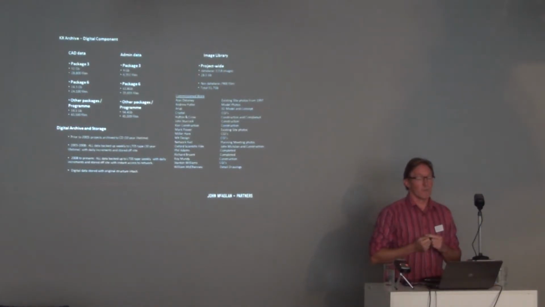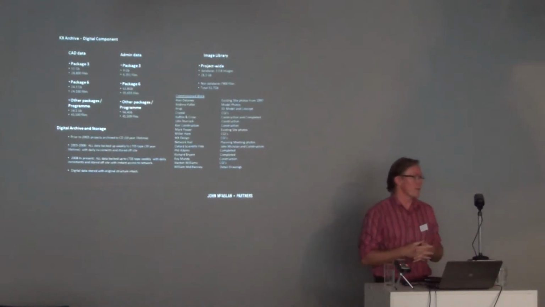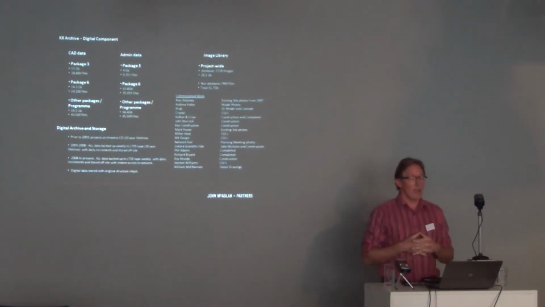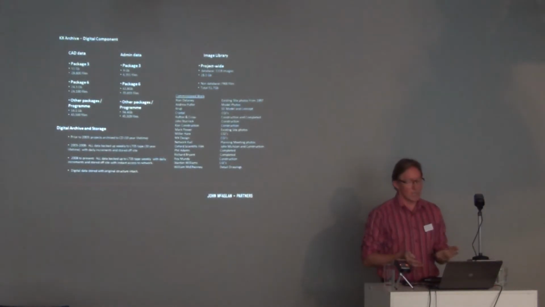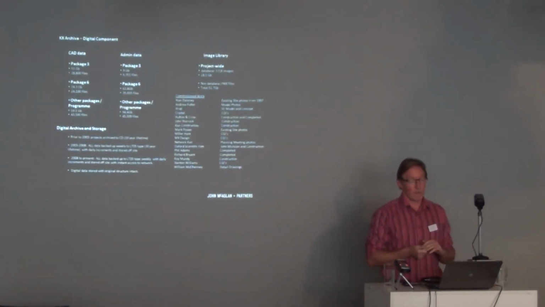However, a lot of the other digital data we use is based around images, particularly photographs. And we've got a massive and very well organised digital database using ProjectWise, which we can search for any of our images by project or by content, or by date, or in just about any field you can imagine, actually.